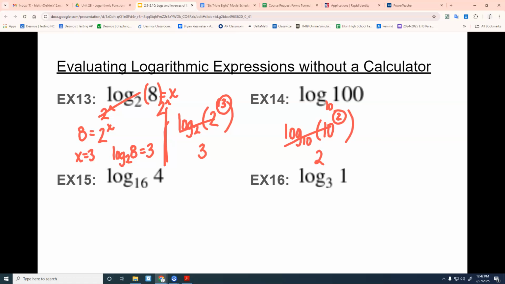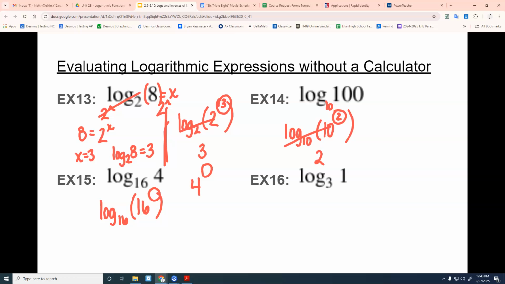Now, 15 and 16 are a little bit trickier. Let's stick with this second idea, just because I think it's a little different and I'm afraid they're going to give it to you. So if I've got log base 16, I want this to be 16 to some power. 4 to what power would give me 16?